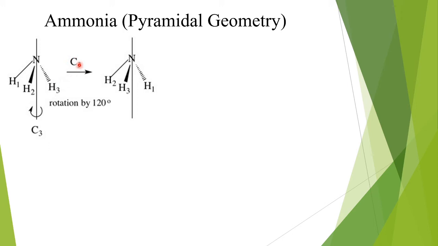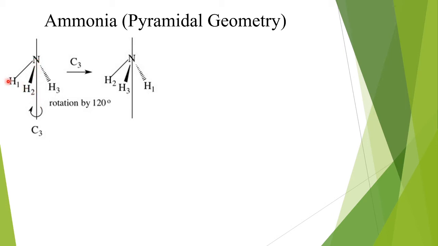Each similar appearance is obtained while rotating the molecule through 120 degrees. I forgot to mention, the C3 axis is the axis passing through nitrogen and in between the 3 hydrogens.